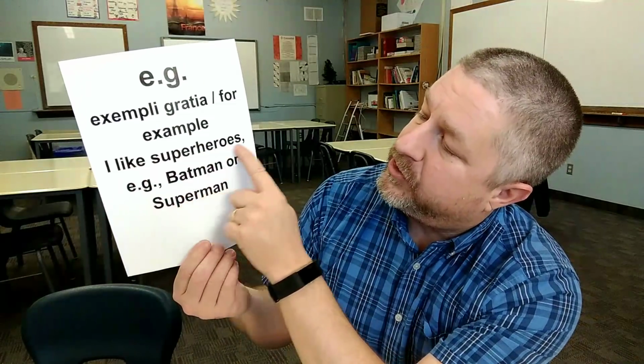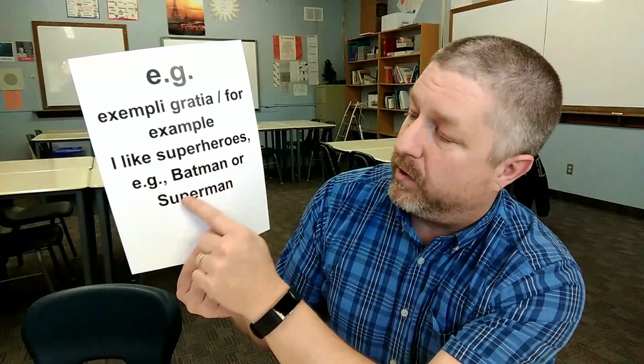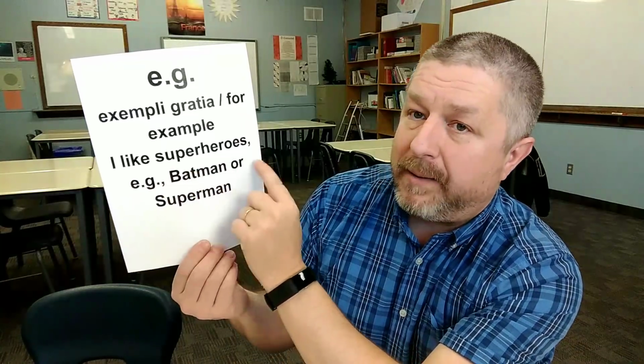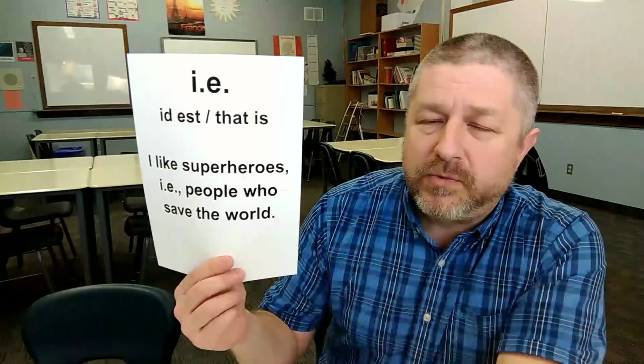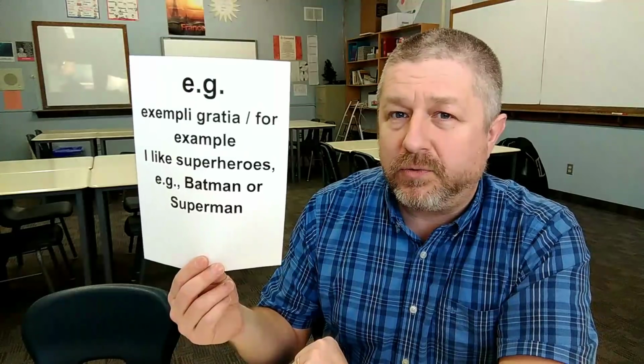I would say, I like superheroes, e.g. Batman or Superman, okay? I like superheroes, for example, Batman or Superman. So the IE is when you define something, and EG is when you give examples of it. If you didn't understand that, I would recommend you look up the difference between IE and EG.